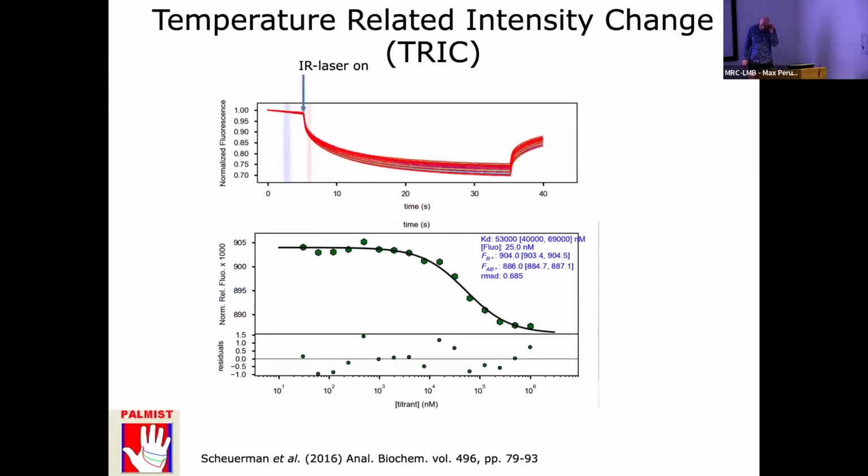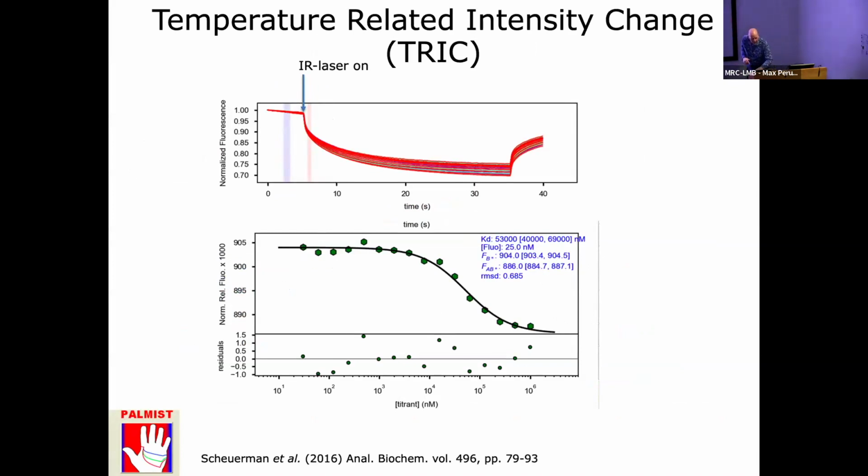But often enough, in another instrument that they have, and certainly you can do this with the MST, instead of looking at the total thermophoresis, you can just look at this initial temperature jump. This is called the temperature-related intensity change. Just by looking at that, you can get nice curves as well.